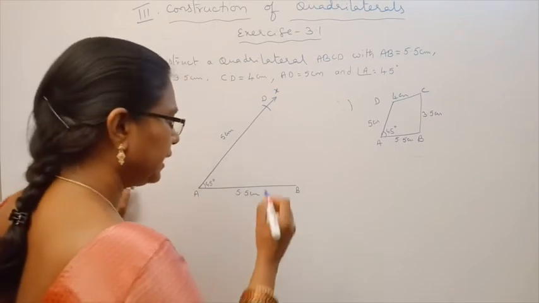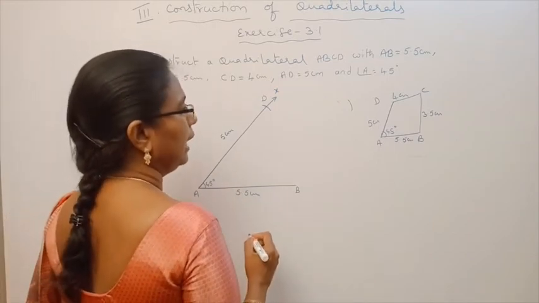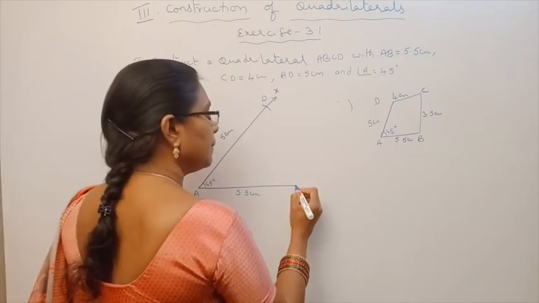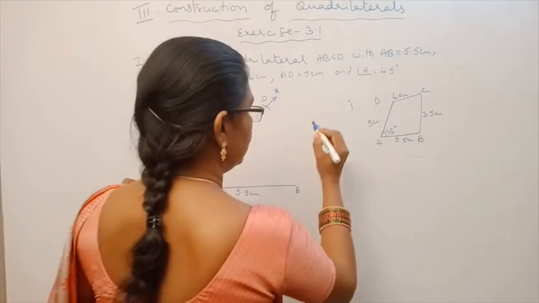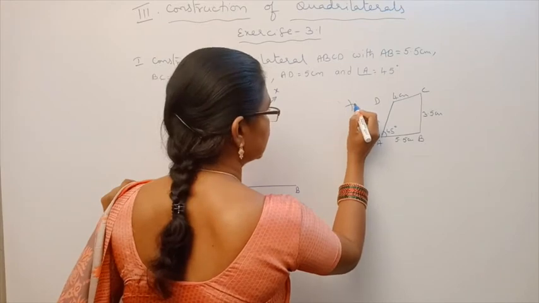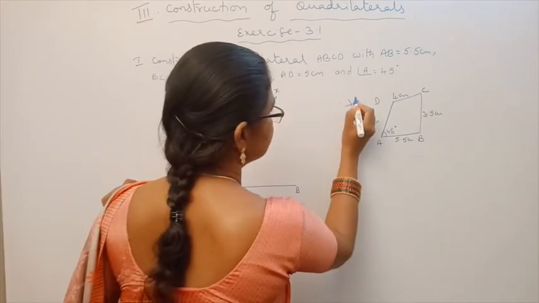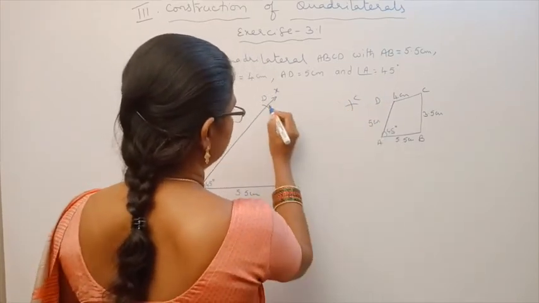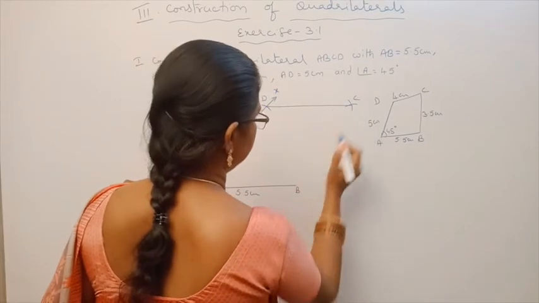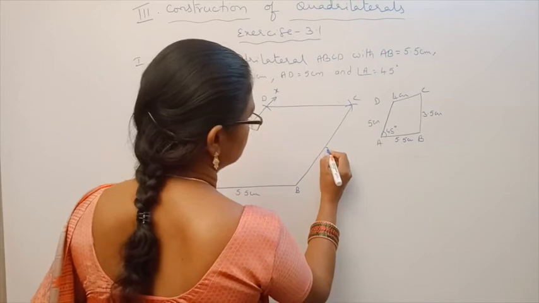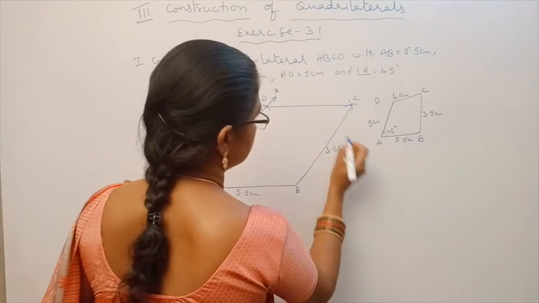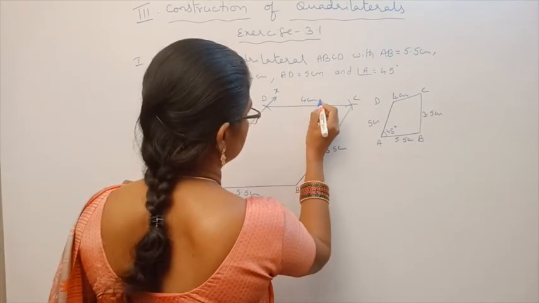Then again take B as center and draw a 3.5 centimeter arc which cuts the previous arc at one point, that is C. Join CD and BC. Now this is 3.5 centimeter, 4 centimeter.